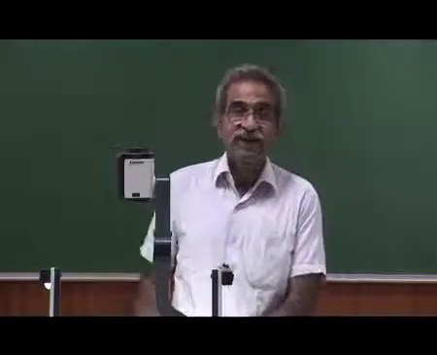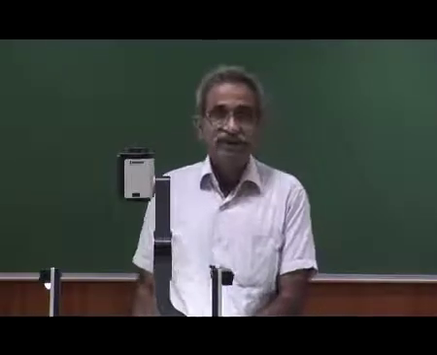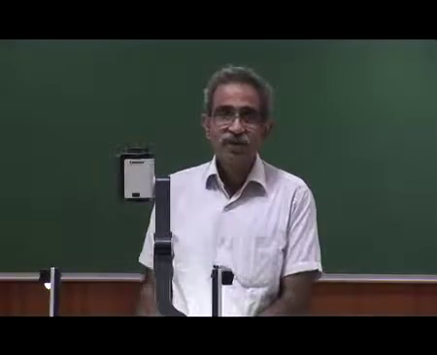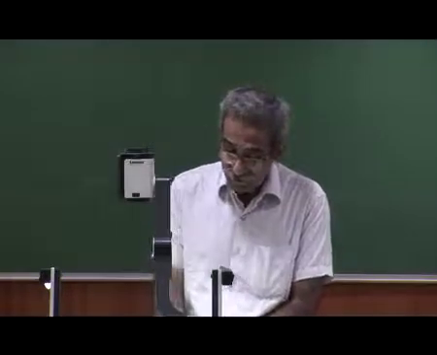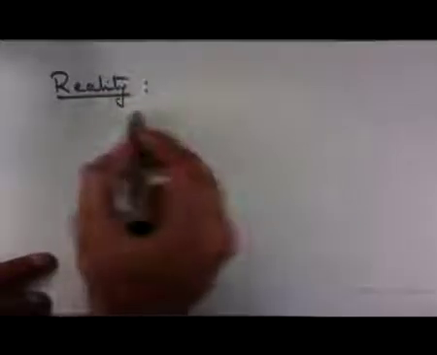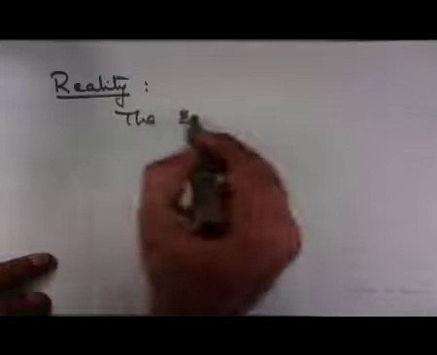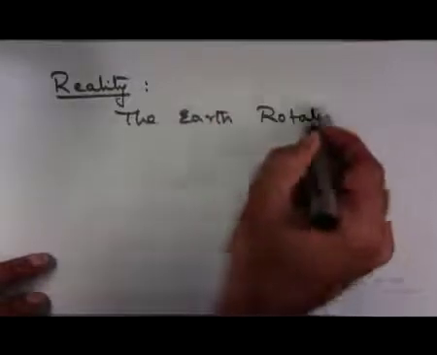Now this 11.5 kilometer per second, the number that I obtained, assumes that the earth is stationary. It is at rest. But what is reality? Reality is that the earth rotates about its axis.